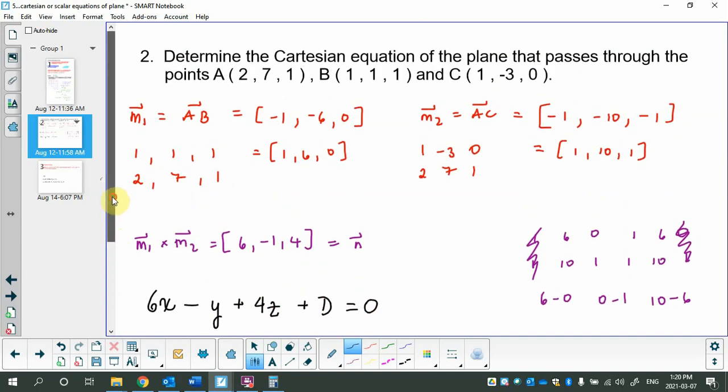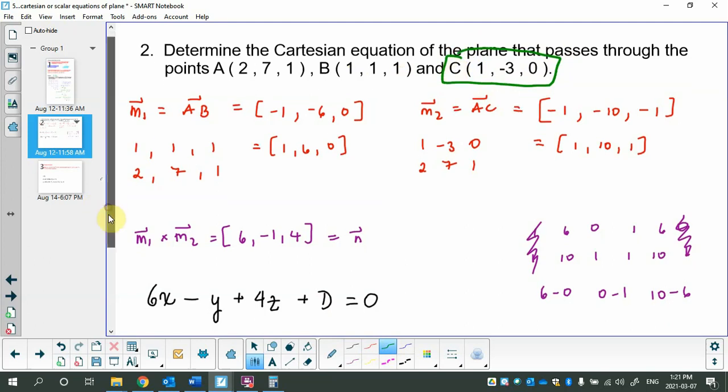And what I need to do is pick one of these points to sub in there, and regardless of which point I use, I should get the exact same D value. So I am going to pick, it's a toss-up. I kind of want to pick this one because I like the number 1, but I also kind of wanted to use this one because that means I don't have any Z's to worry about. I'm actually going to pick that one.